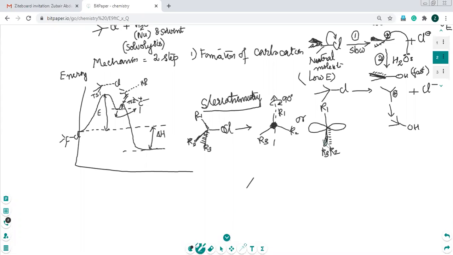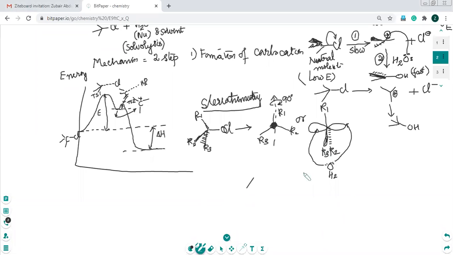Now in this step, the nucleophile can attack. Now see here, we have the nucleophile, OH2. The nucleophile can attack either from this side or it can attack from this side. Both are equally possible.